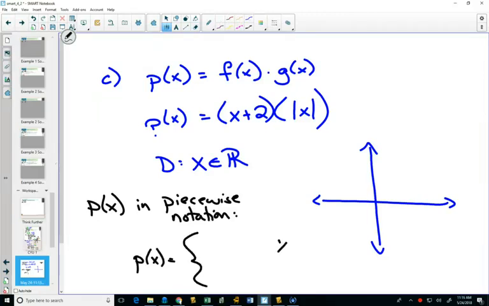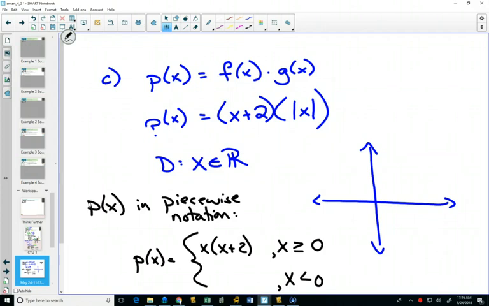Again, we would break it up when x is bigger than 0 and when x is less than 0. When x is bigger than or equal to 0, the absolute value of x is just x. So if I would multiply x times x plus 2, or I could even leave it like that, it would be x times x plus 2, or x squared plus 2x.